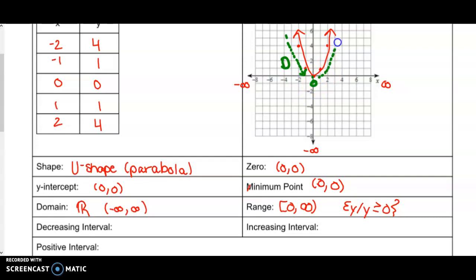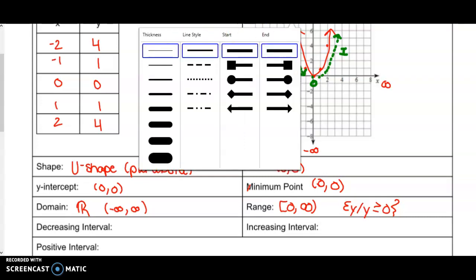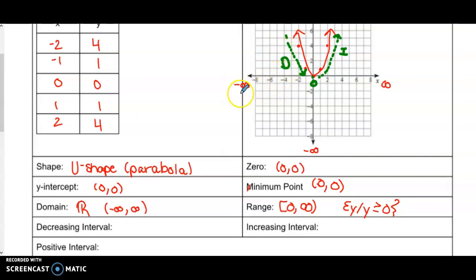And then as I keep tracing, this side goes up. Remember, we use the x values. So decreasing is between the x values of negative infinity and 0. And again, 0 gets a parenthesis because that is not increasing or decreasing, that's its turning point. And then increasing is between these two x values, 0 to infinity.